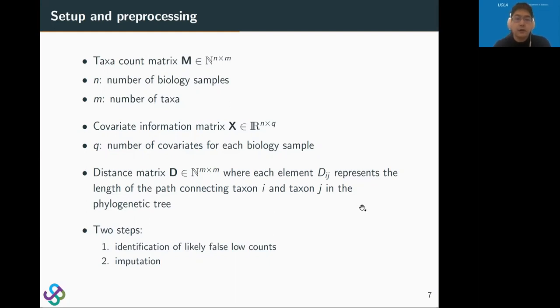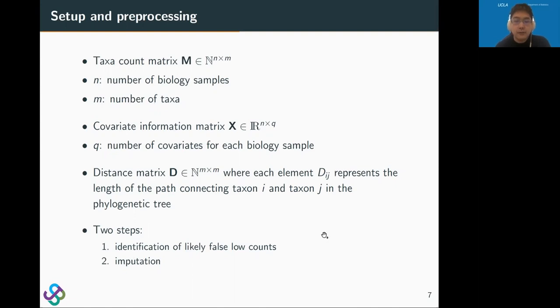Here we will also have the distance matrix, bold form D, in dimension m by m, where each element Dij represents the length of the path connecting taxon i and taxon j in the phylogenetic tree. The phylogenetic tree depicts the evolutionary relationship between two taxa species. Basically, we want to incorporate the taxa evolutionary information into our model.